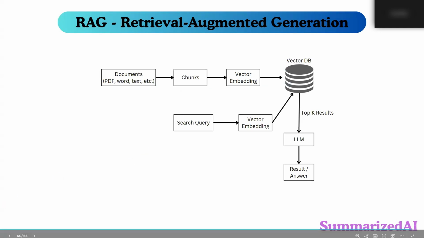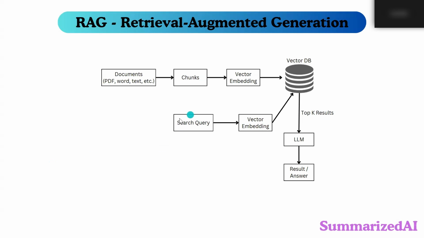Now, when a user enters a search query or prompt, the system converts that query into its own vector embedding. So we have a query, and we have converted that query first into the vector embedding.